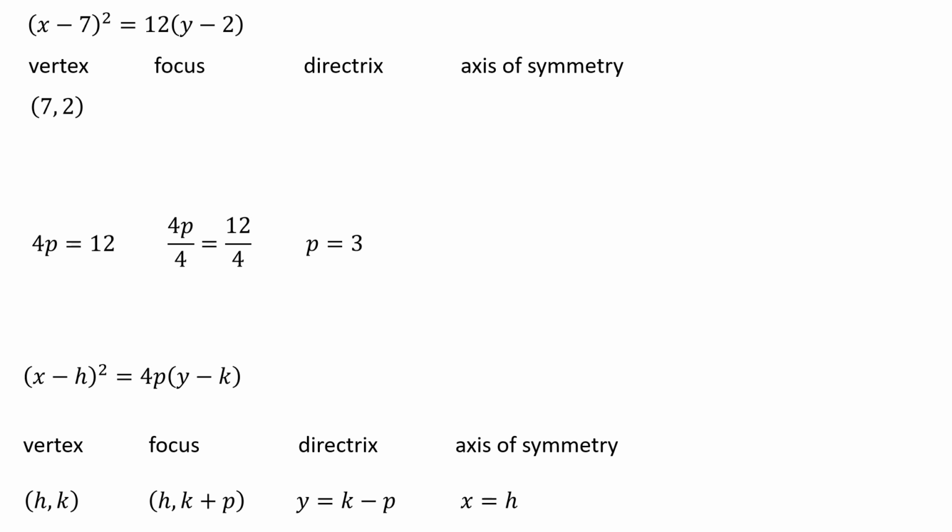So I have to move 3 units up from that 2. 2 plus 3 gets me a 5. Directrix, again, this is a line. And I need to be 3 units, but in the opposite direction. So instead of 2 plus 3 making that 5, 2 minus 3 will get me a -1. Axis of symmetry, well, it looks like the vertex and the focus both have x as 7. So the axis of symmetry, x equals 7.